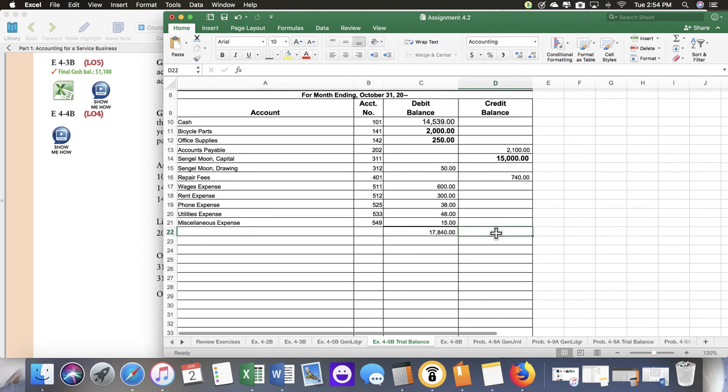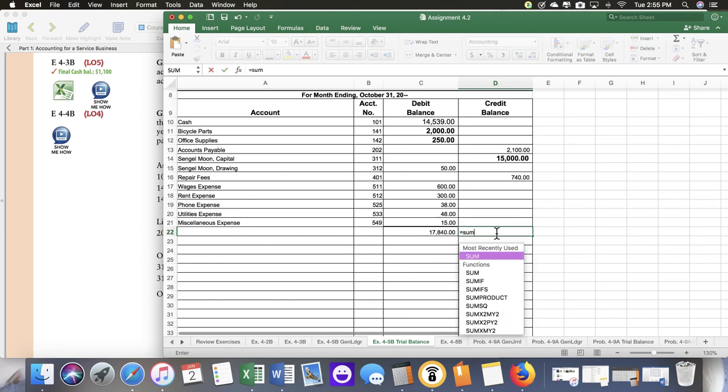Now we are assuming that the credit side should be the same, so we're just going to add separately just to make sure. This time I'm just going to enter the formula by hand. So it's equals sum. Cash is D10. Even though there's no amount in it, I always include the top one.